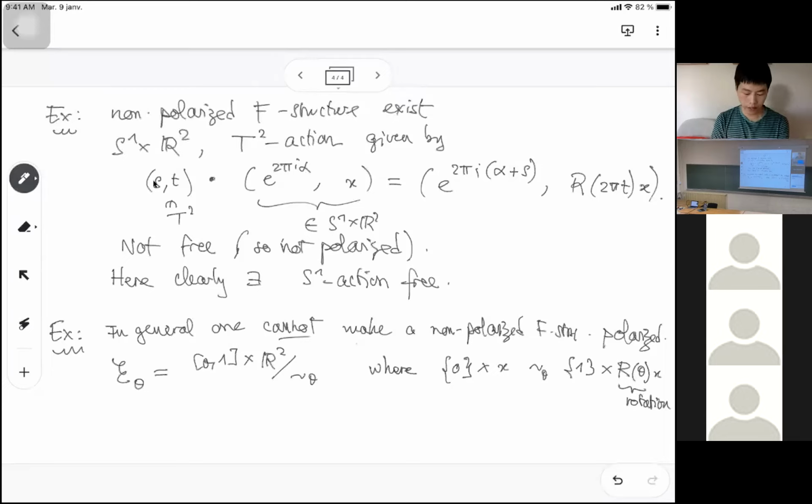So that's a nice 3 manifold. It's flat. You put the flat metric on it if you want. And it's diffeomorphic to S1 cross R2. But now consider the following. Consider a continuous collection of such E theta when theta is varying between 0 and 2 pi.